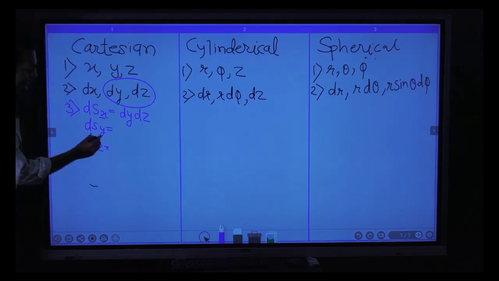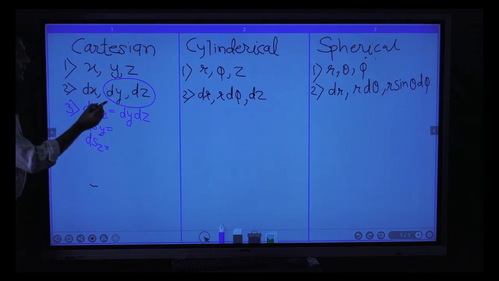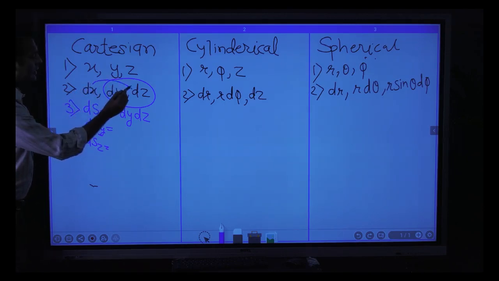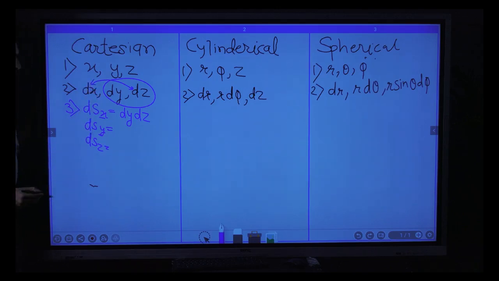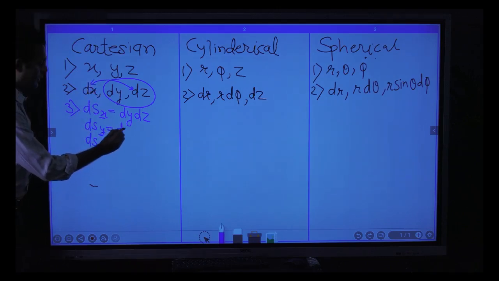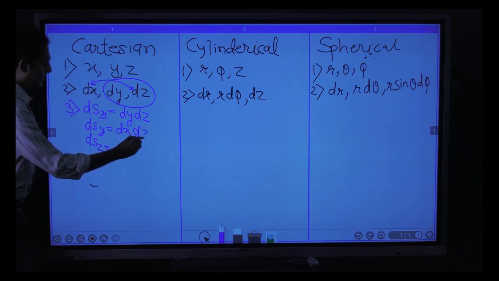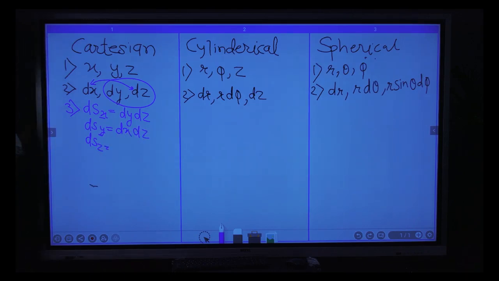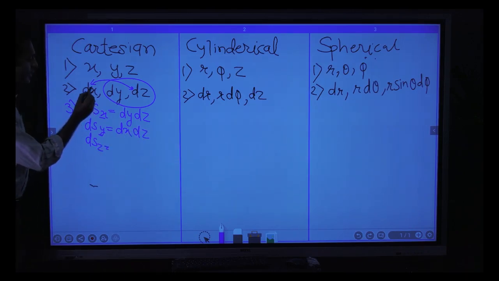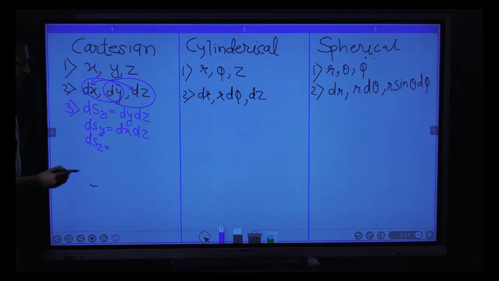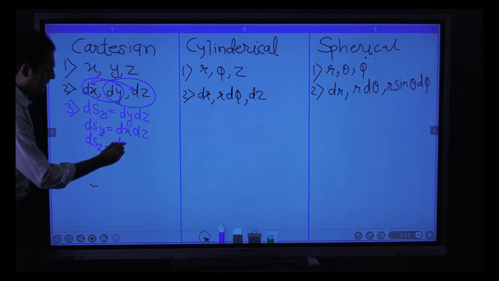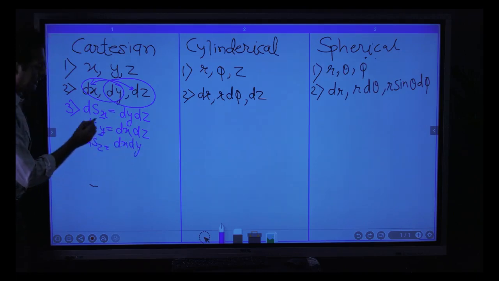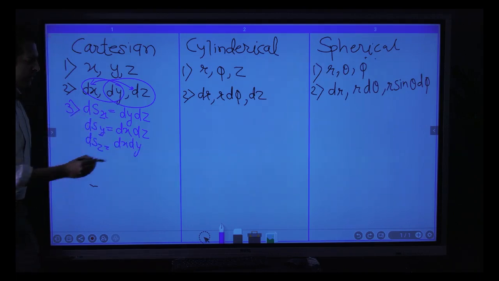For the y constant plane, it will be the product of those other than y, dx and dz. So dx dz. Third one is dsz, the product of the remaining two, x and y, so we can write dx dy. If we want to write it in vector form, we have to add the direction.